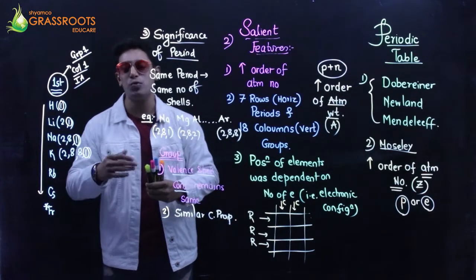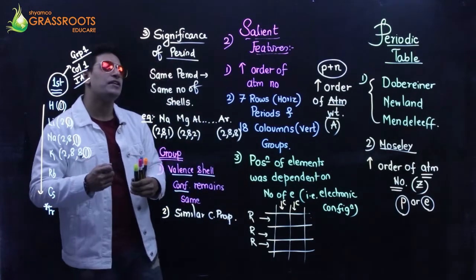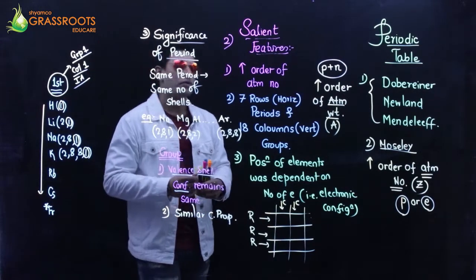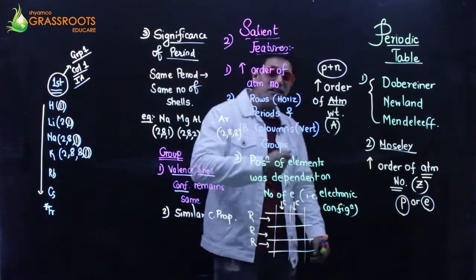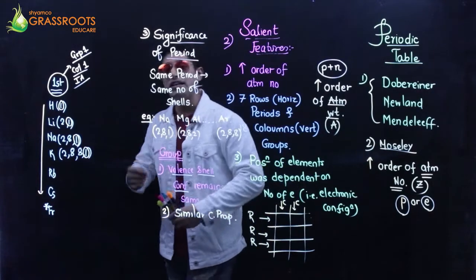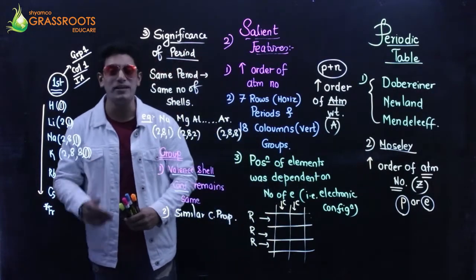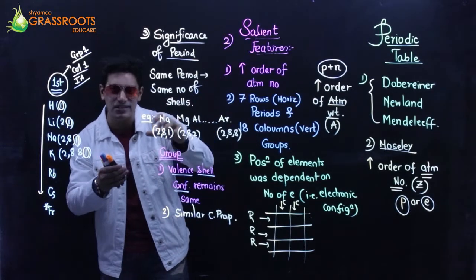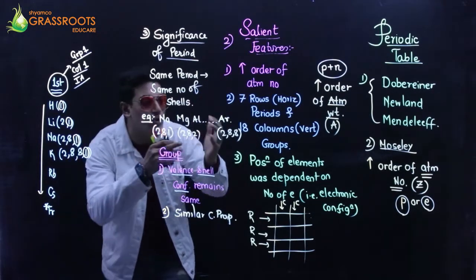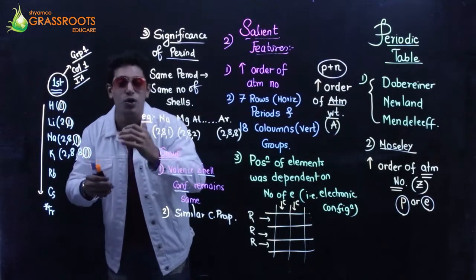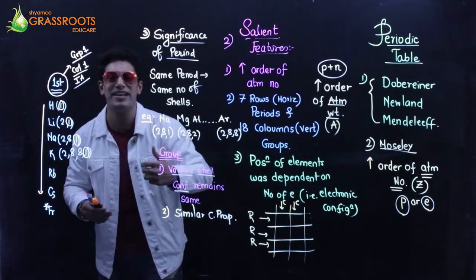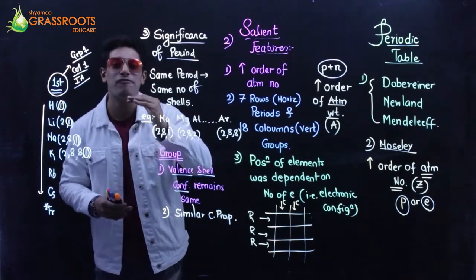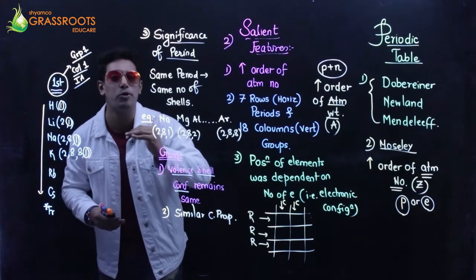Those properties were atomic radius, ionization potential, electron affinity, electronegativity, and metallic and non-metallic nature. Based on the positioning of the elements, we are going to study all these 5 periodic properties.